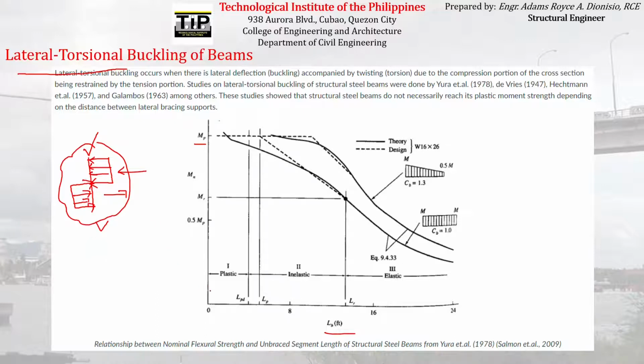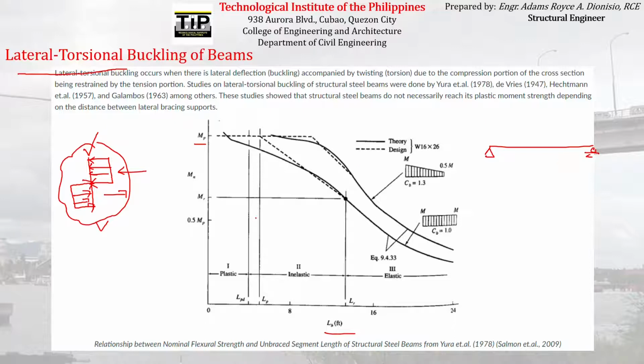On the y-axis we have the moment capacity of the beam, and the horizontal axis is the unbraced length. Again, the unbraced length is the length of the beam that is not braced.